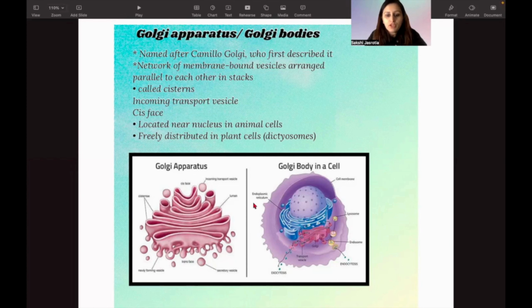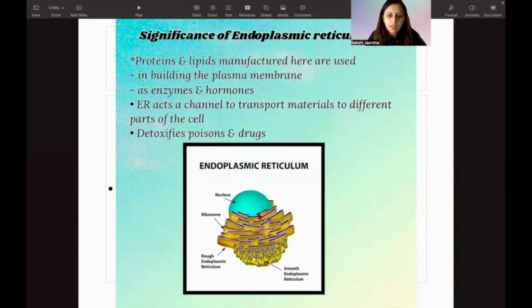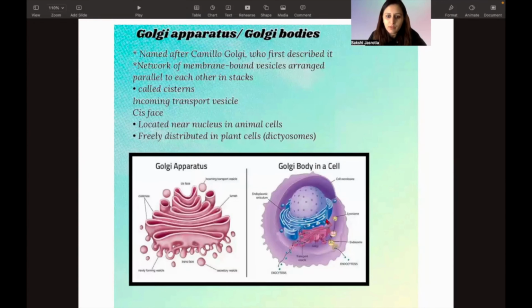Like we discussed previously about the endoplasmic reticulum, that it is also connected to, I will go back to the previous slide, just look at this. It is also very close to the nucleus. So one end of the RER is attached to the nuclear membrane, and the other is to SER. Likewise, one end of SER is attached to RER and the other end over here will be the Golgi apparatus, as we can see over here. Right? Here in the diagram it is clearly visible. So this is the cis phase and the trans phase.